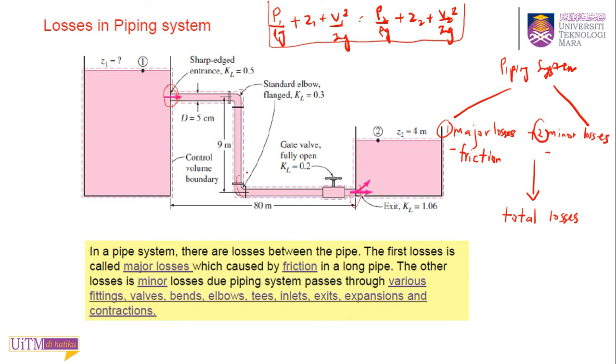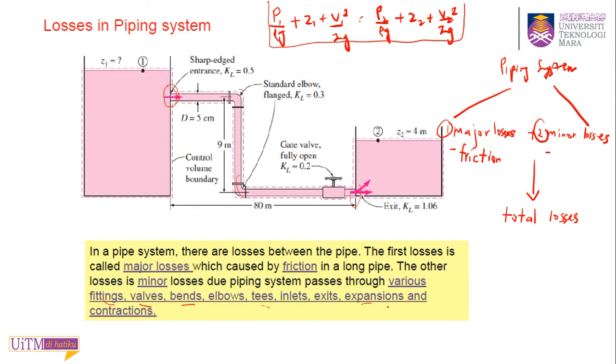We will look at that after this. So the minor losses, just to give you a clear picture, are due to the system: from the fittings, from the valve, from the bends, the elbows, from the tees, from the inlets of the pipe, and from the exit of the pipe.